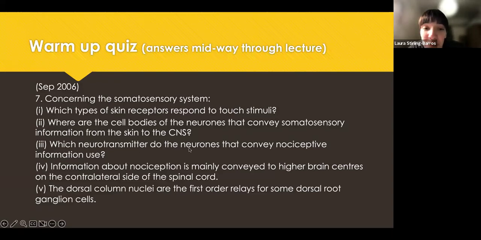And which neurotransmitter do neurons that convey nociceptive information use? And information from nociception is mainly conveyed to higher brain centers on the contralateral side of the spinal cord. What do you think, true or false? And then dorsal column nuclei are the first order relay for some dorsal root ganglion cells.